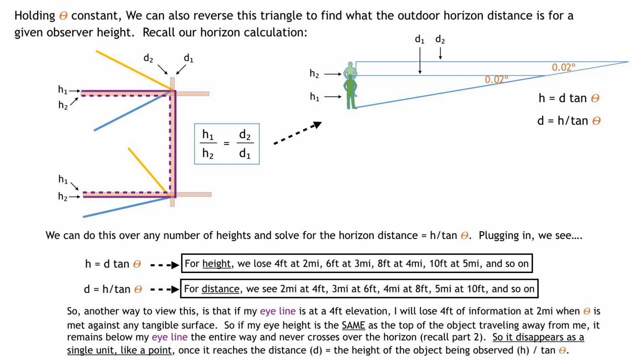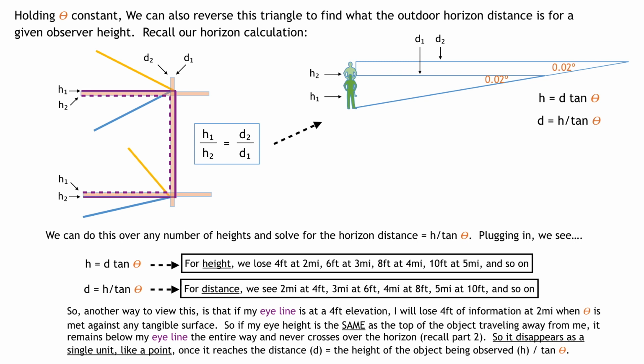So we can again rearrange our formula. If we're looking for a height across a distance, we can say height equals d tan theta. If we're looking for a distance across a certain height, we can use distance equals height divided by tangent theta. And we can do this over any number of heights and solve for the horizon distance equal to height divided by tan theta.